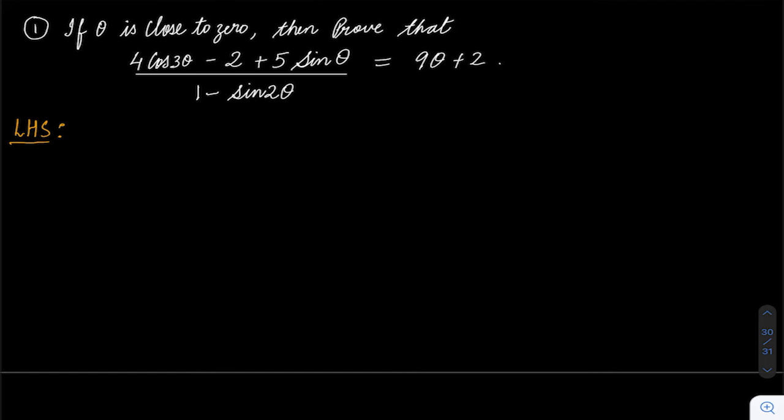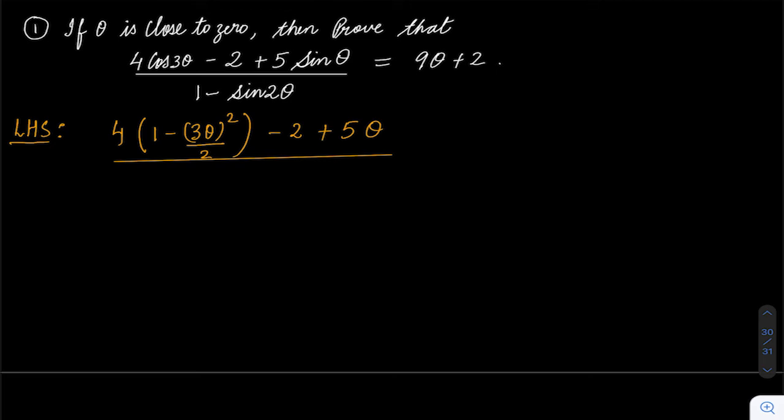So let's simplify the LHS. 4 times cos of 3 theta will be 1 minus 3 theta whole squared by 2, minus 2, plus 5 times sine theta, whose value I can take as theta, over 1 minus sine 2 theta. Sine 2 theta will be 2 theta. So this is what I am getting. Now let's multiply this and simplify.